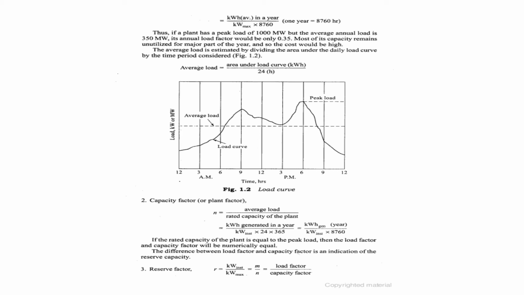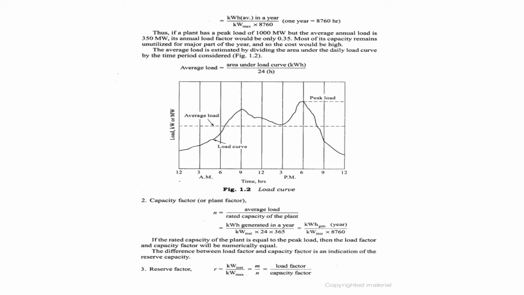We are generating the power, but the generated power is not consumed by the consumers. So it is a wastage of manpower, wastage of money, wastage of fuel, wastage of raw material, and wastage of maintenance. All those things will go in vain. So load factor is a very important factor to decide whether the plant is running in normal condition, that is with profit.